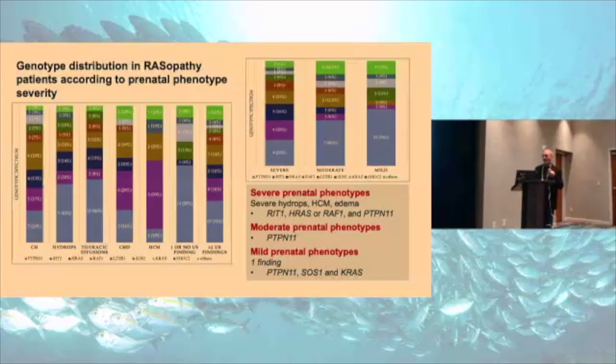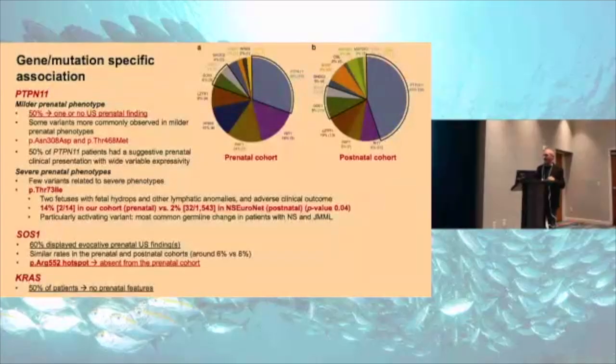A few mutations in PTPN11 and SOS1 were associated also with severe manifestations of lymphatic dysplasias, but generally mutations in PTPN11, KRAS, and SOS1 were associated with a milder presentation characterized by single suggestive findings. In fact, for PTPN11, SOS1, and KRAS, when we analyzed the postnatal cohort with available prenatal findings, we observed that 50% of the fetuses didn't show any suggestive findings, so less penetrance.